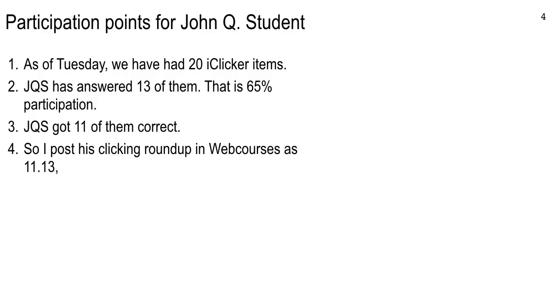Now, I want to tell you how I style the clicking data. I keep track of 2 numbers. For John Q. Student, in the grade book, there will be a line. It'll say, clicking roundup as of 09/27.